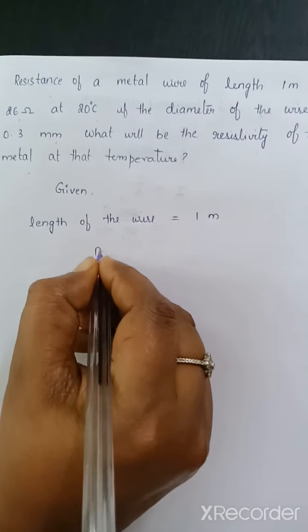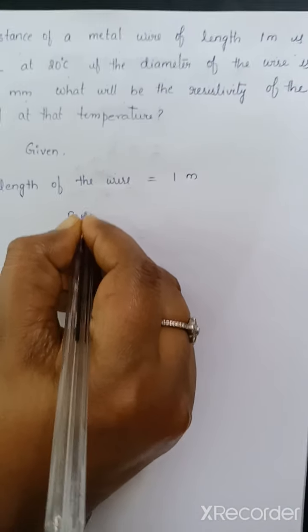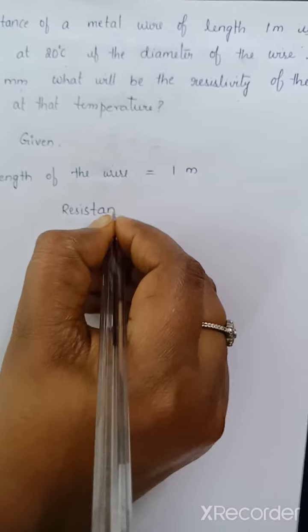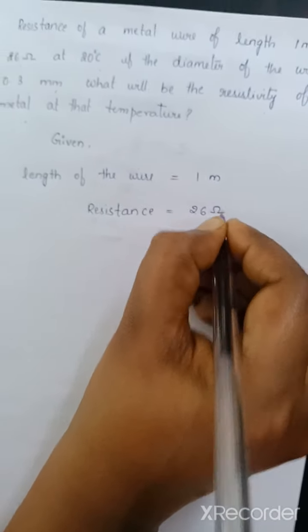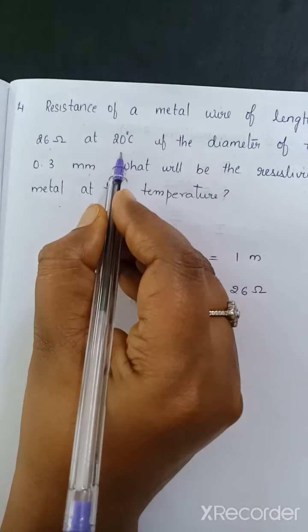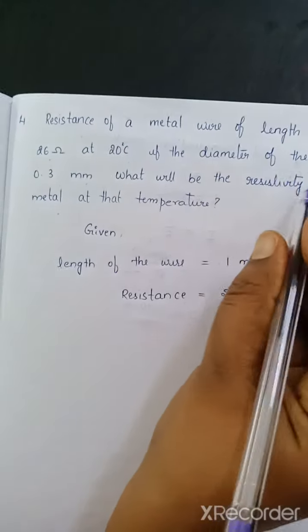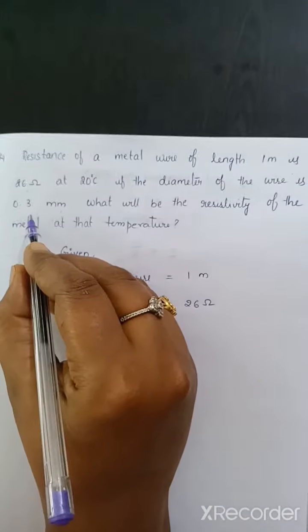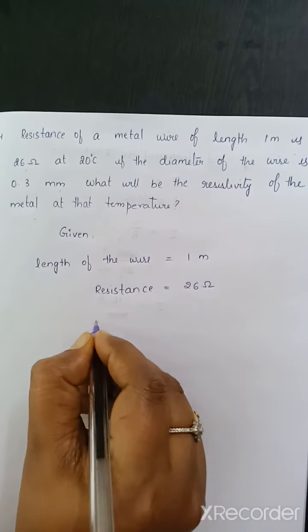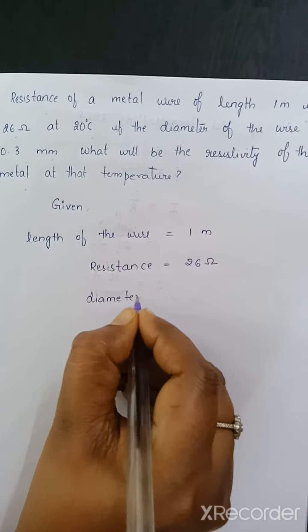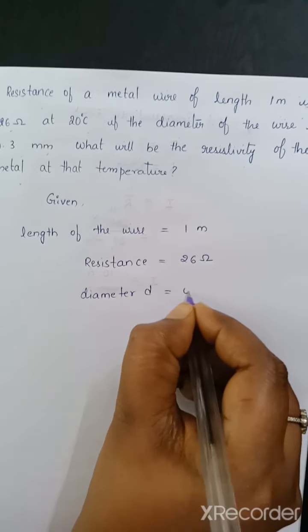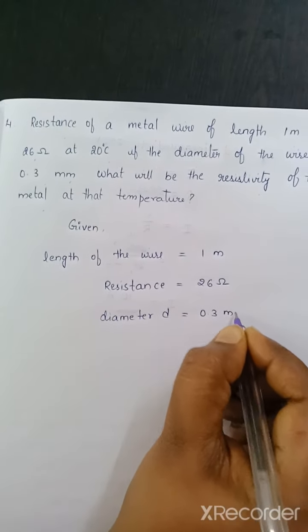Next, resistance is equal to 26 ohm at 20 degrees Celsius. The diameter of the wire is 0.3 millimeters, so D equals 0.3 millimeters.